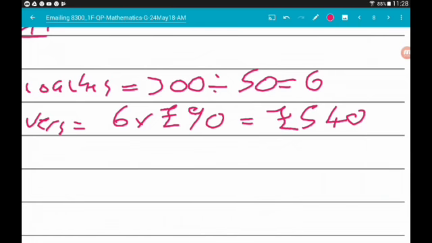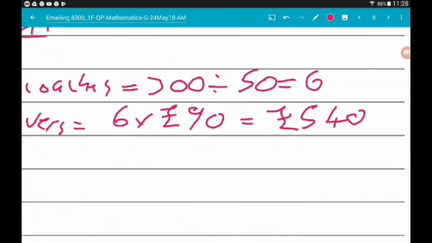Now we can't do 3 take 9, so now we need to borrow 1 from the 6. 13 take 9 is 4. And now we've got 15 take 3, which is 12. So we've now got 12.48.